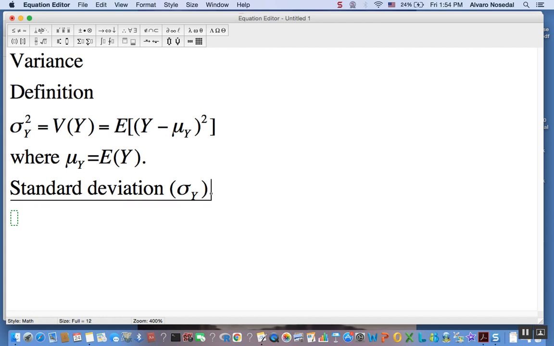Okay, so anyway, standard deviation, sigma of random variable y, we said is just the square root of the variance. And let me write it down like that so you remember it. Okay?